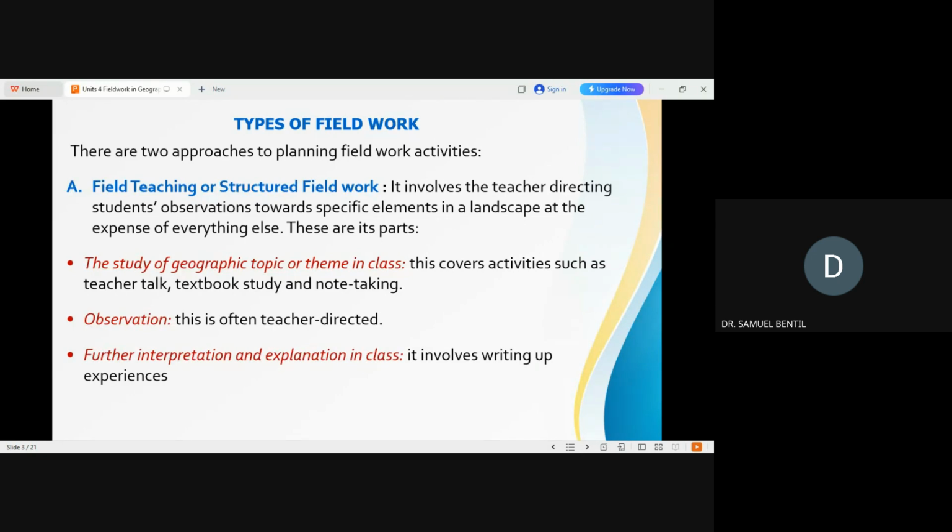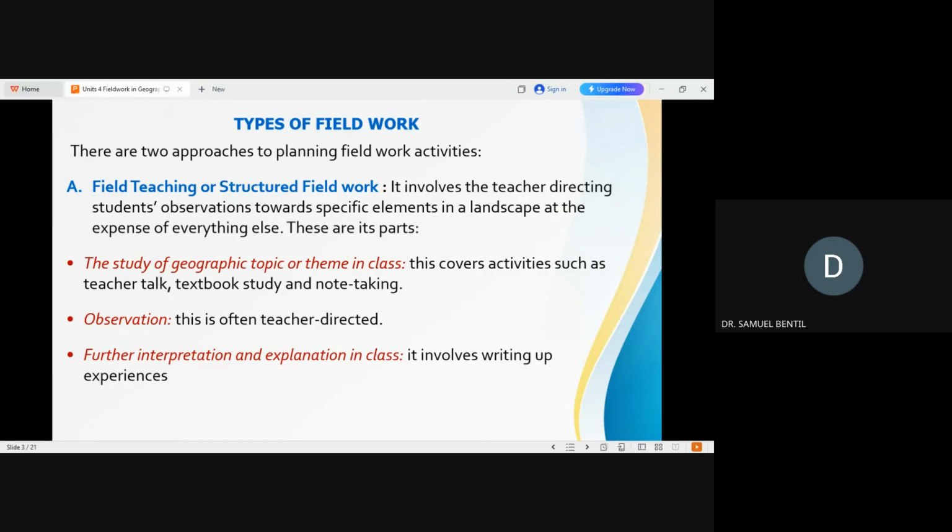But if it happens that the students are given work in groups and are given opportunity to identify the processes that led to the formation, mobilize data, and write a report and come and present in the classroom their observation about the processes that led to the formation, without the teacher telling you all the processes, and the teacher only providing you with the structure, scaffolding, or the guidelines, that becomes unstructured what?